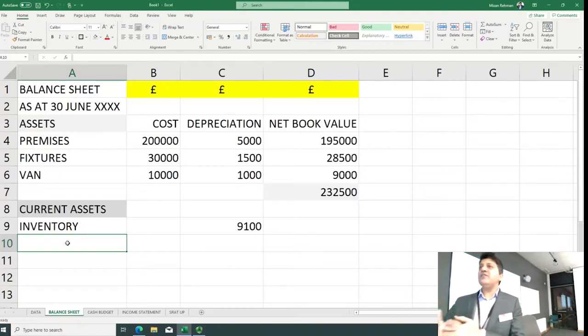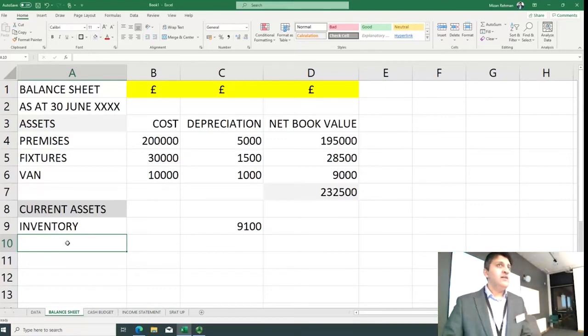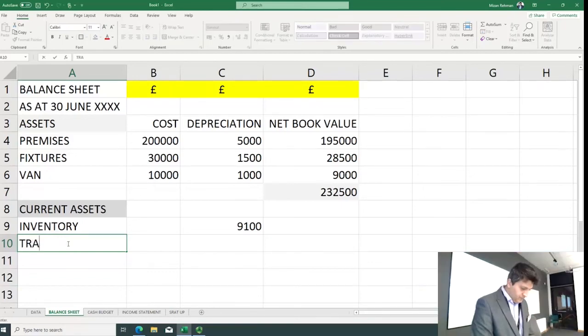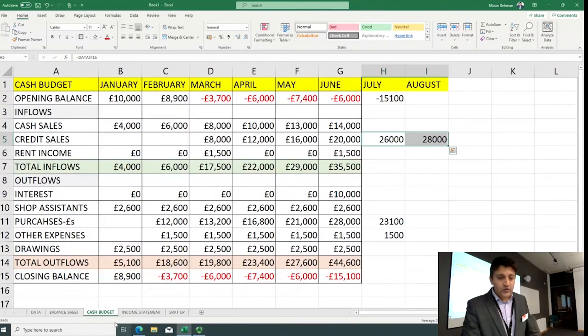Inventory. What are the 2 others? Cash. Cash, yes. And stock, that's inventory. Okay. Account receivables, our credit customers, all right? Trade receivables, how much? 54,000 pounds.